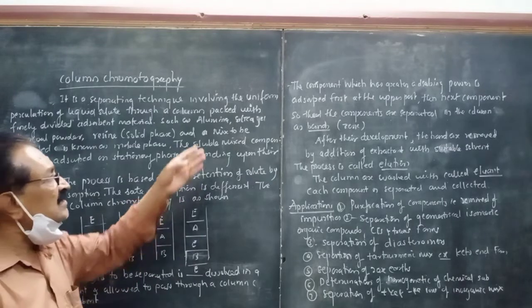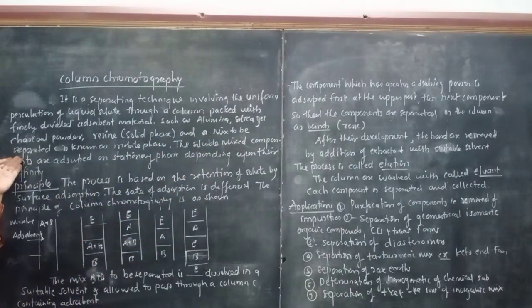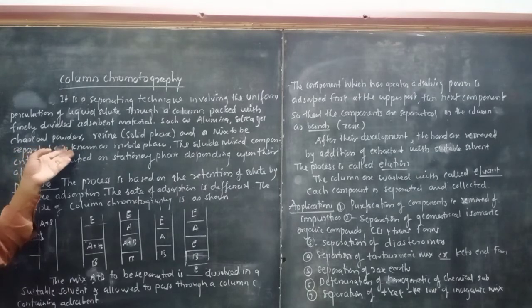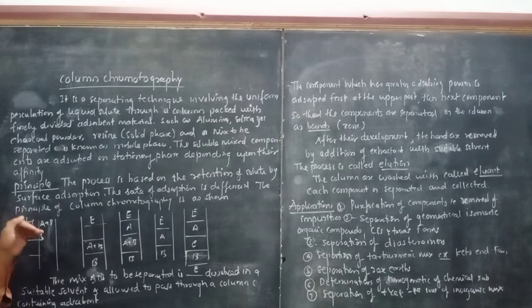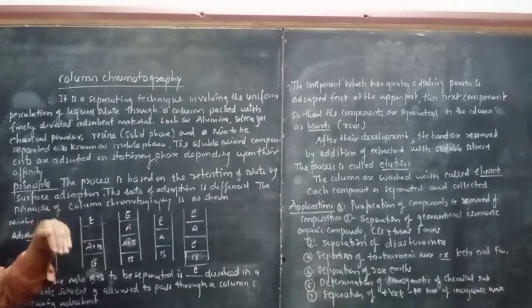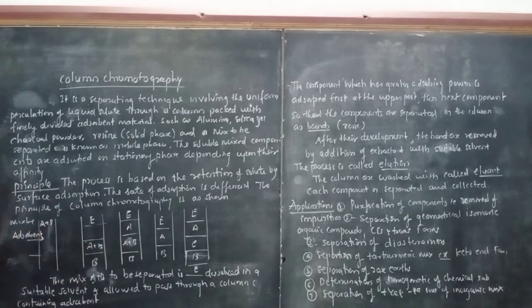When the mixture is dissolved in a particular solvent, that is the mobile phase. When that mobile phase enters the column, what happens?